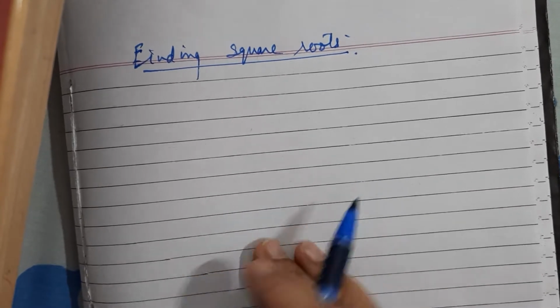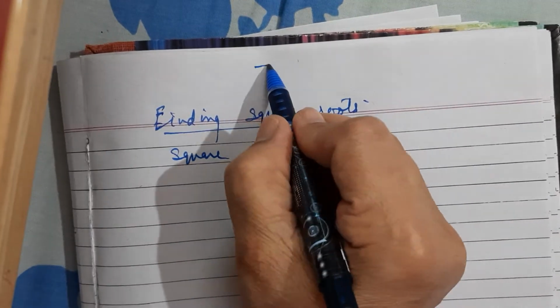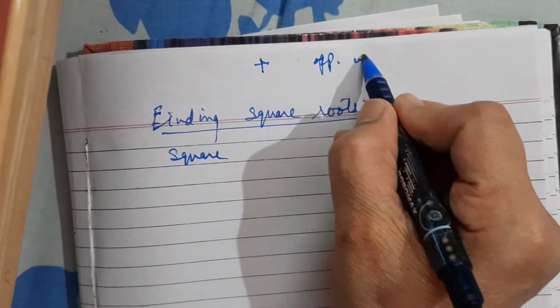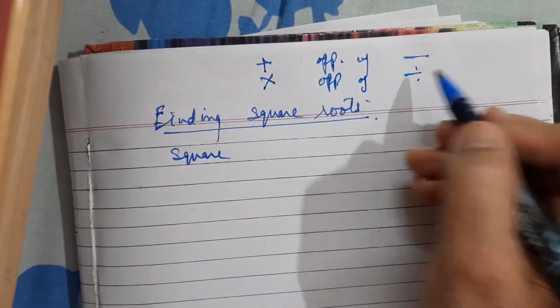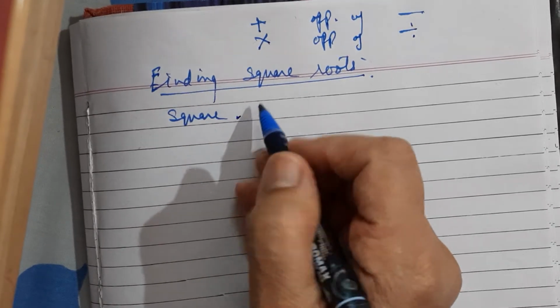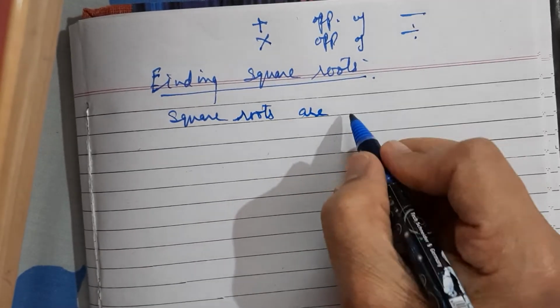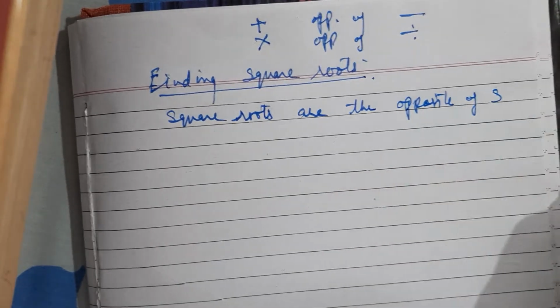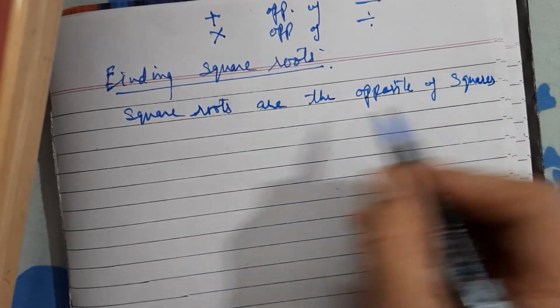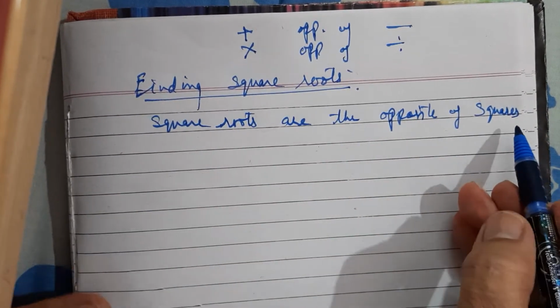Similarly, square roots are just the opposite of squares. Squares we have already studied in the previous session, right? So square roots are the opposite of squares.